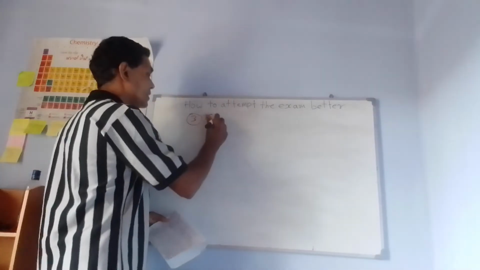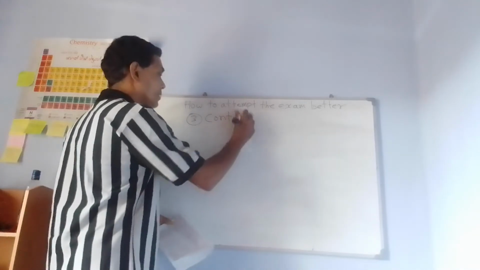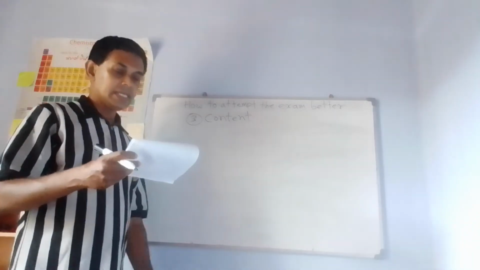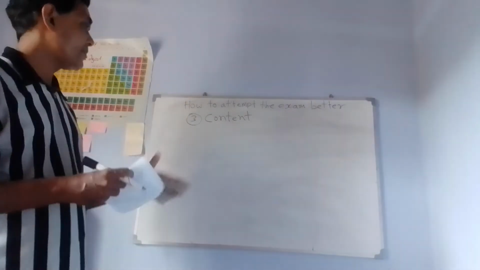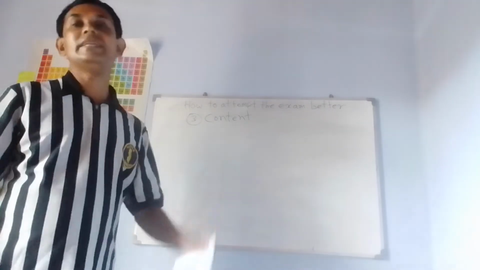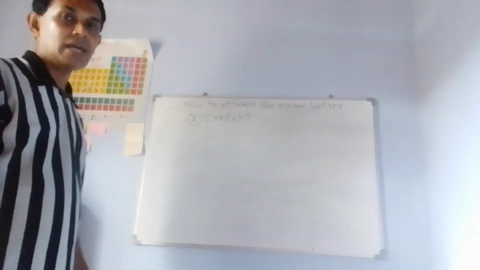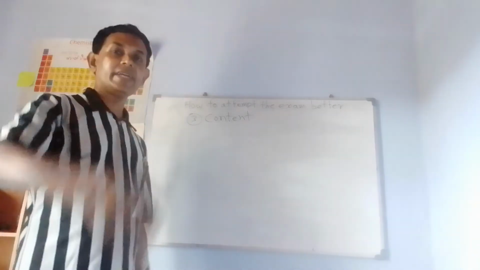The content is the next part. Here, the first factor is to be precise, or summarizing: we must write something, not over exaggerating. The precise.